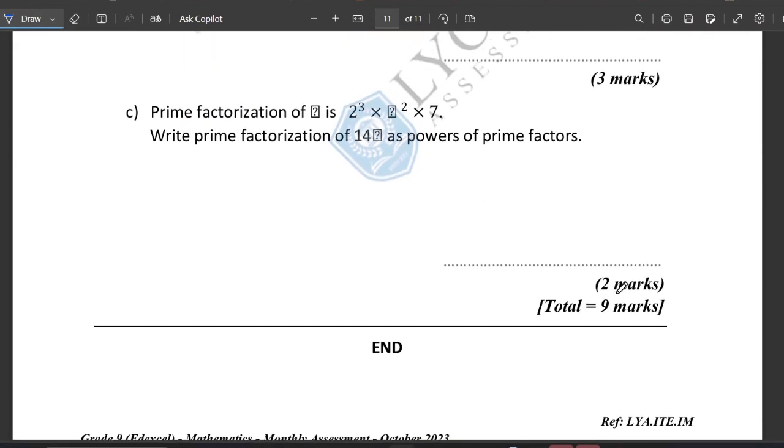And the last one, prime factorization of, I don't know the value of this, is this right? Prime factorization of this as a power of prime factors. I don't know this number, so I'll assume it as 142.